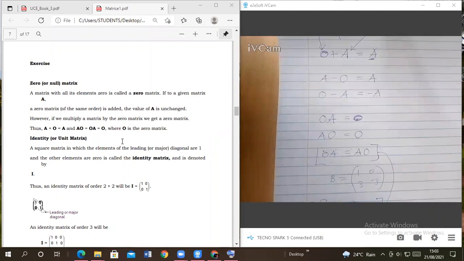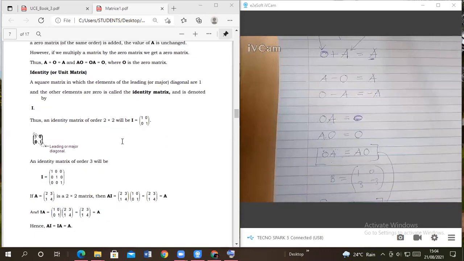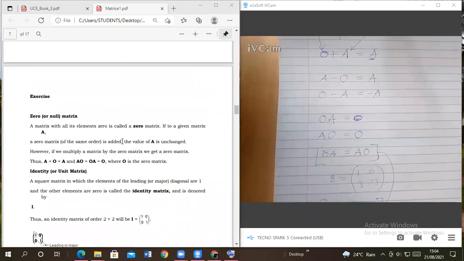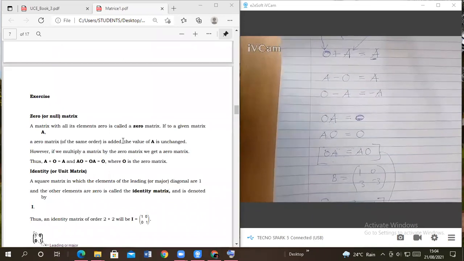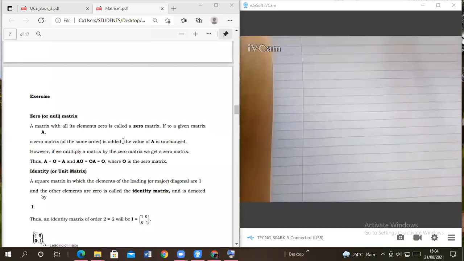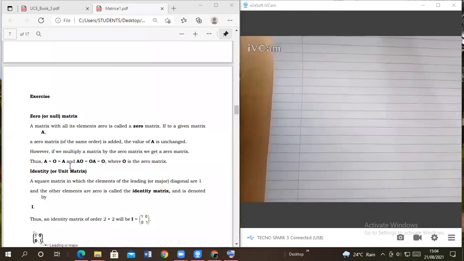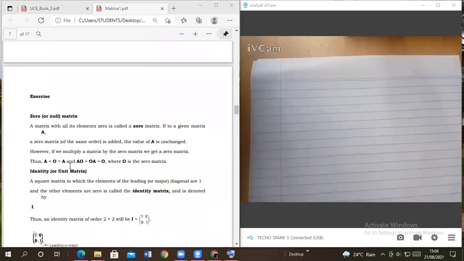Then we have what we call an identity matrix. An identity matrix is a square matrix whose entries in the major diagonal are ones and the rest are zeros. When I say like that, do you understand what we call an identity matrix or a unity matrix? Yes or no? Somehow.